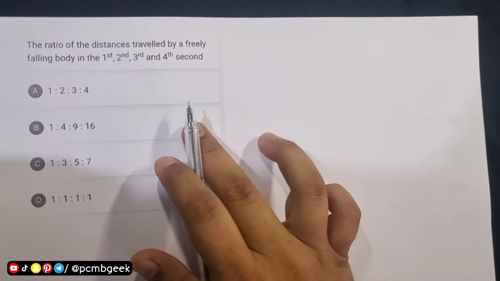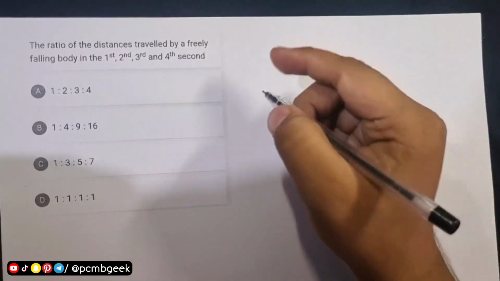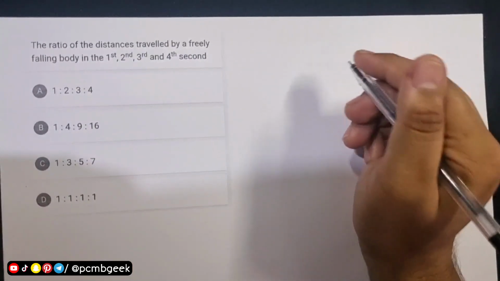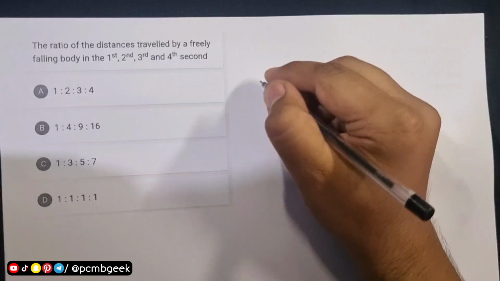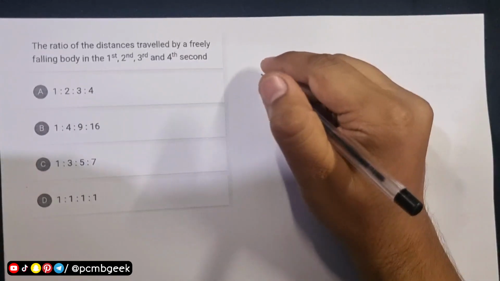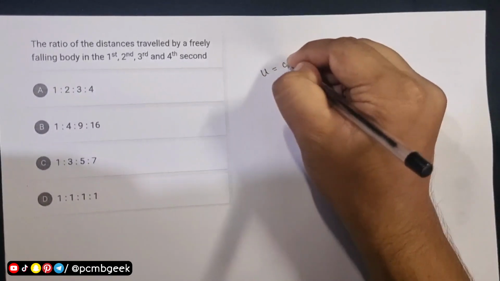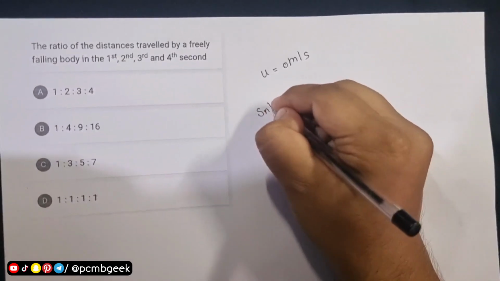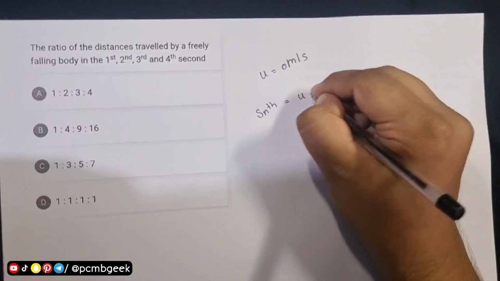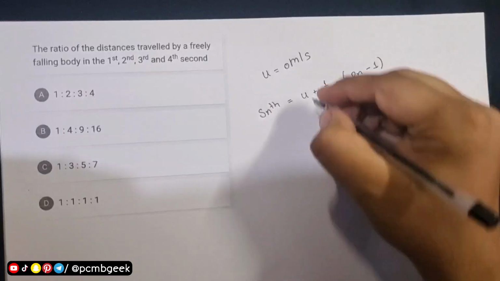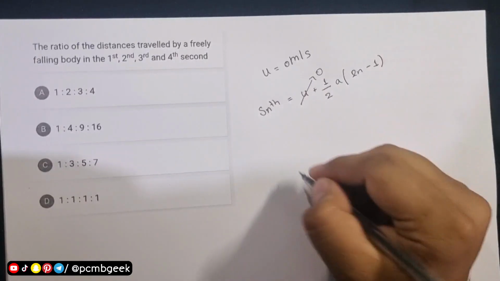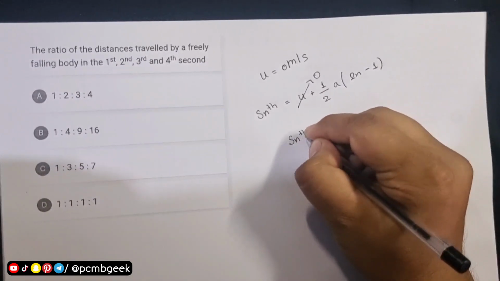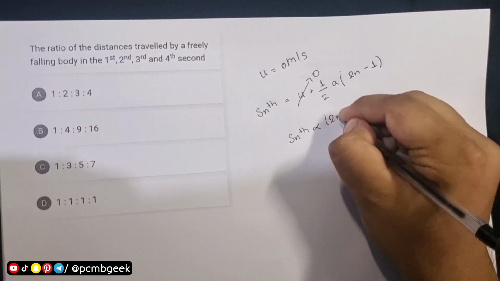The ratio of distance traveled by a freely falling body in the first, second, third and fourth second is, as we all know, if the body is freely falling, that means u equals 0 meters per second, and distance in the nth second is given as, if we substitute u as 0, we get s nth is directly proportional to 2n minus 1.